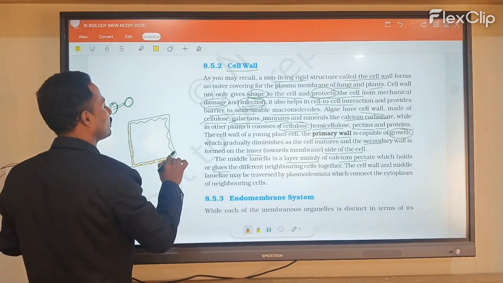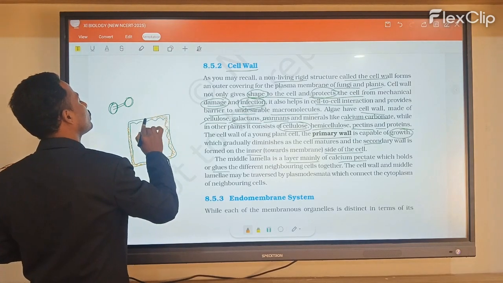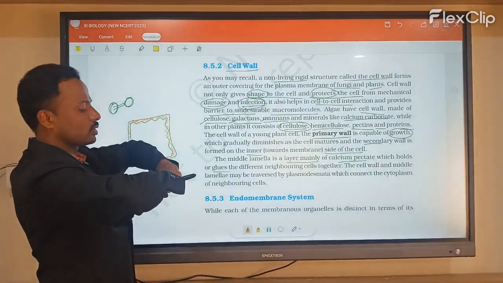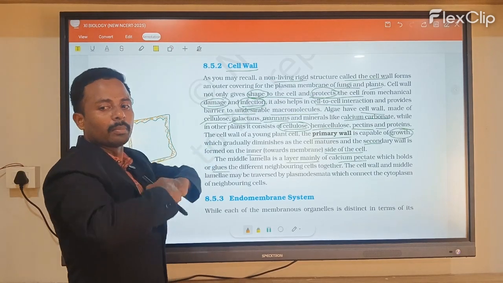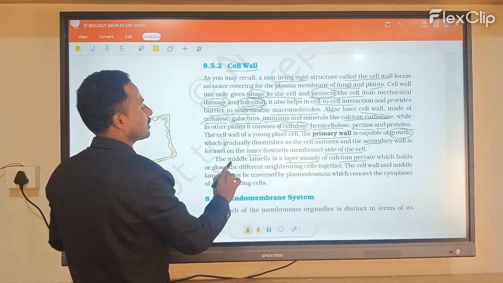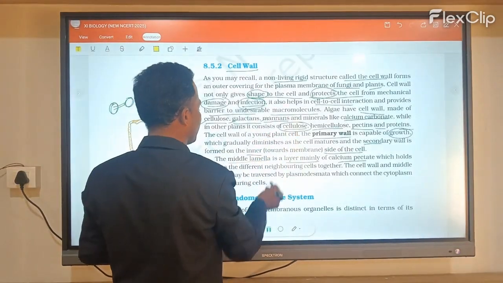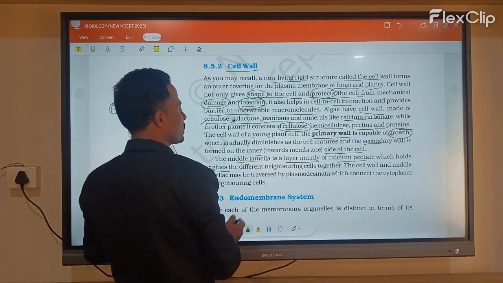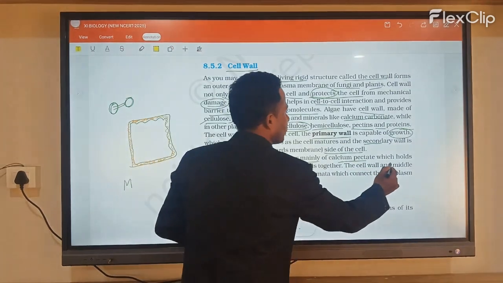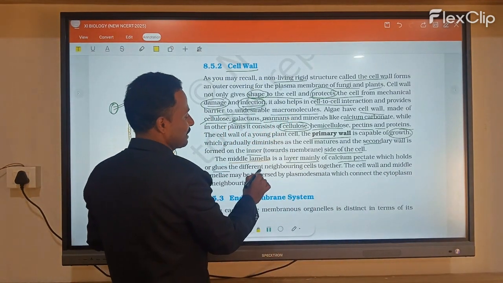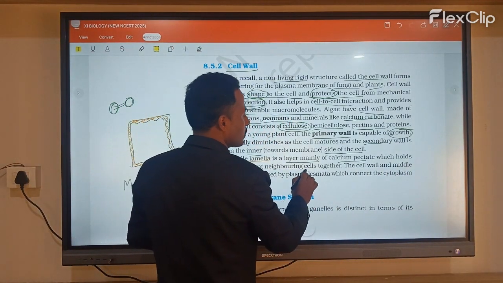It looks like a glue. It helps connect two cells. How do the two cells get joined? With the help of the middle lamella, made up of calcium and magnesium pectate. It glues the different neighboring cells together.